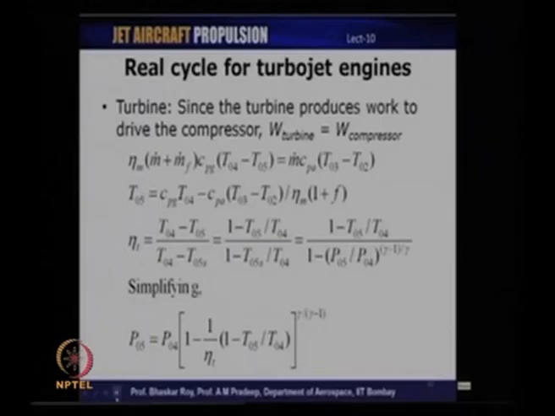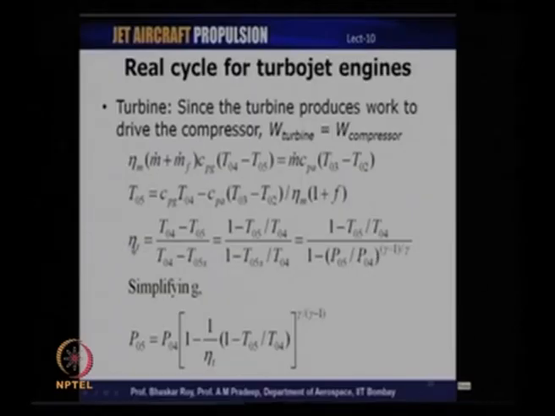The next task is to find out the stagnation pressure at the turbine exit. For that, we will use the efficiency definition. Turbine efficiency is equal to T04 minus T05 divided by T04 minus T05S, where T05S is the isentropic stagnation temperature at the exit of the turbine. We take the temperature ratios now, and so we have here the isentropic temperature ratio, which is equal to the corresponding pressure ratios.